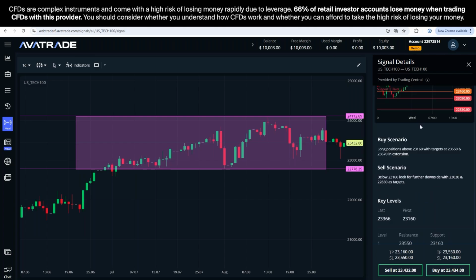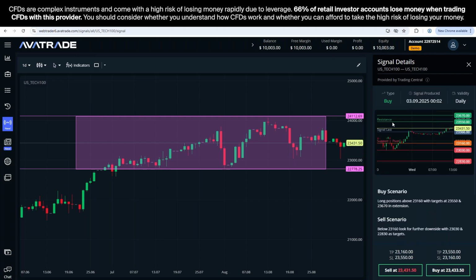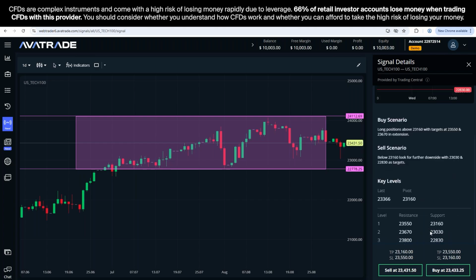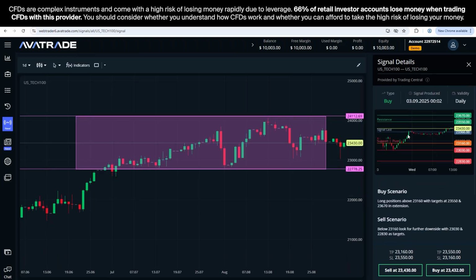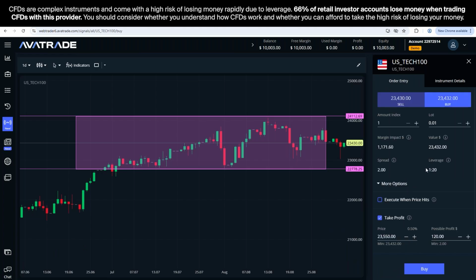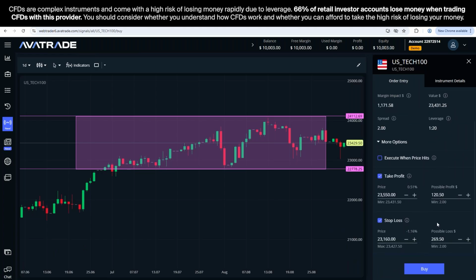Now, based on those levels, based on the resistance and support, we have things called TP and SL, take profit and stop loss, which we saw in the beginning right here. These were ready for us. We didn't write any of those by ourselves. Now, if we select one of the scenarios, let's go with the buy for the time being, we will see that the take profit and the stop loss, which we saw from outside, are placed for us automatically.